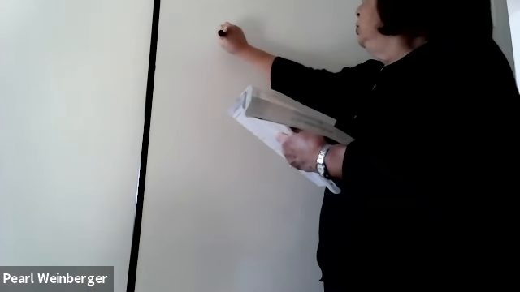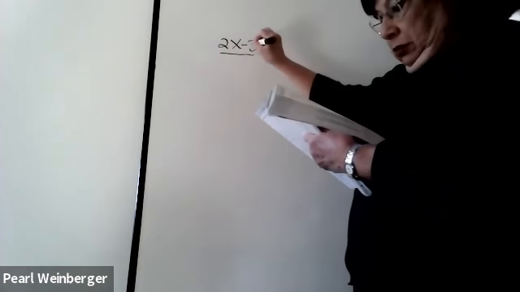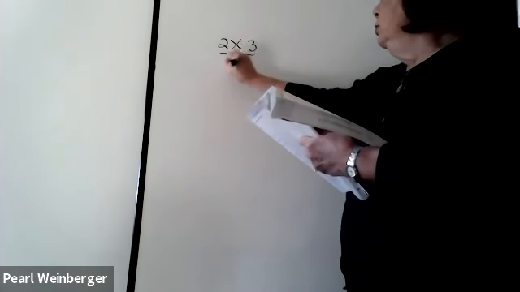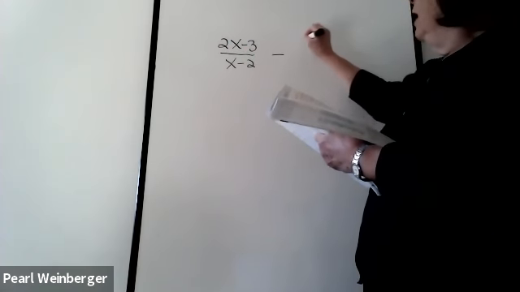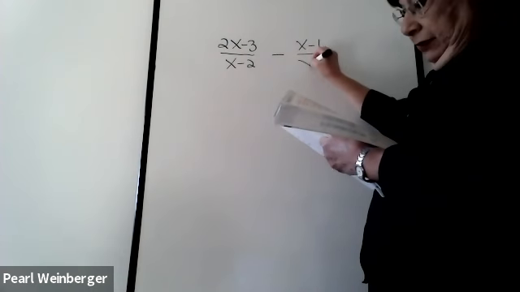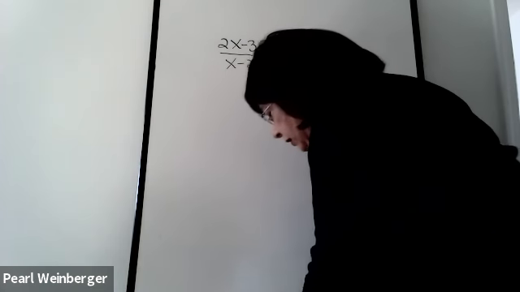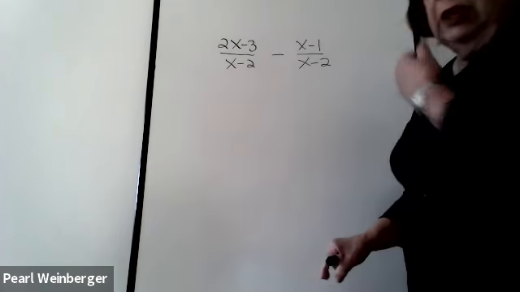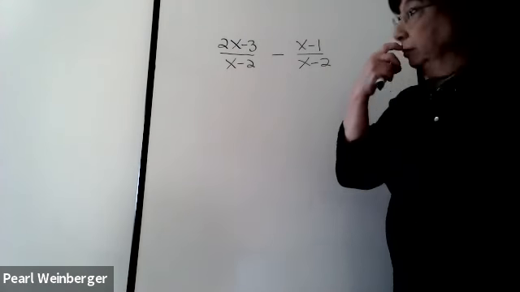We have 2x minus 3 over x minus 2 minus x minus 1 over x minus 2. I'm going to do one like this, and then I'm going to give you one to try while I start taking attendance.